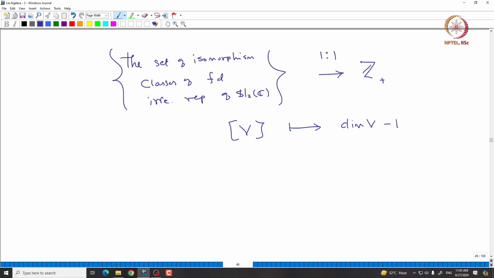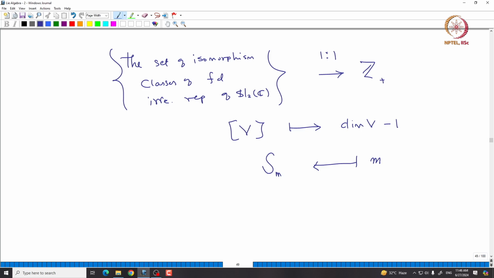Why? Because the dimension of v is well defined for the isomorphism class, there is no issue, and given any m, we already constructed the irreducible representation Sm, which is the space of all homogeneous polynomials of degree m in two variables t, u. We proved that sl2 naturally acts on that, and that it is indeed an irreducible representation.